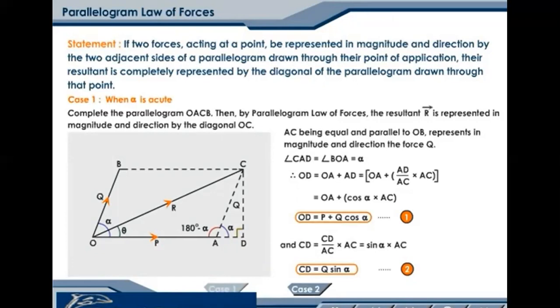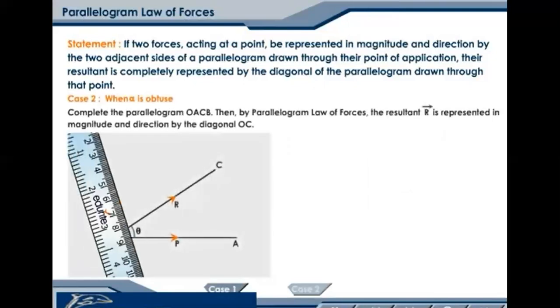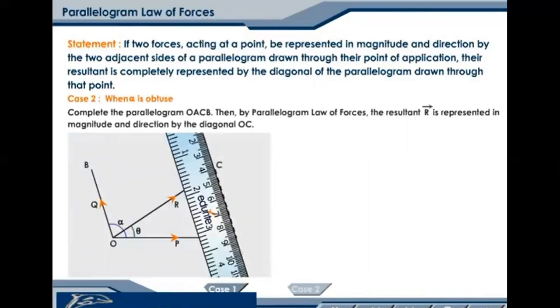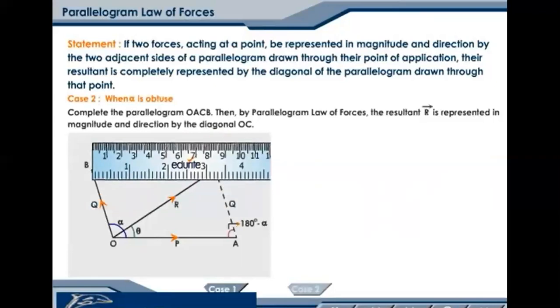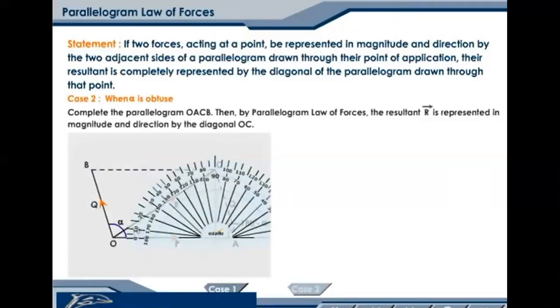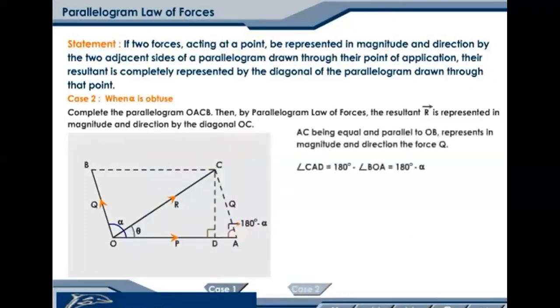Click on the button case 2. When alpha is obtuse, angle CAD is equal to 180 degrees minus angle BOA, that is equal to 180 degrees minus alpha.